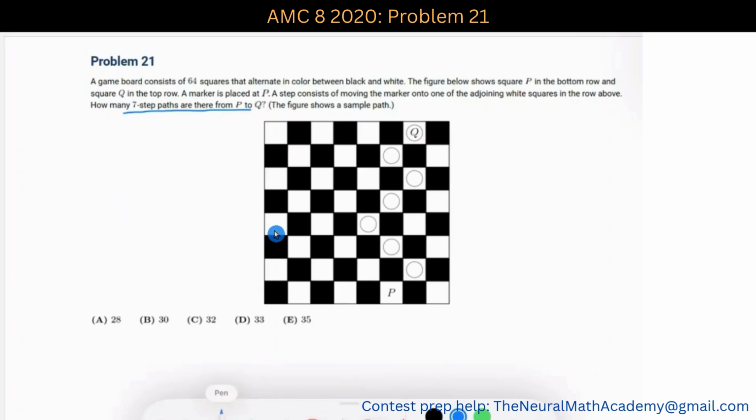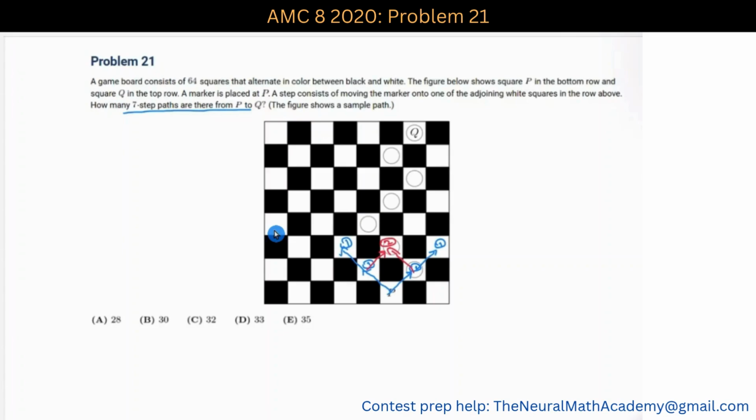If we see, when we move from P to this box, we can have only one way of going, and similarly we have only one way of going from here to here. Similarly, if I move to the next square, I have only one way, and if I move to this square, I have one way. However, if I move to this middle square, I can have one way coming from here and the other way from this side, so I can have two ways to go there.